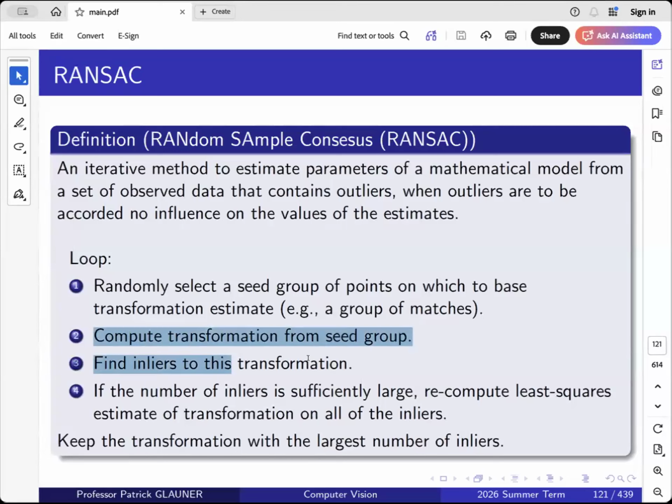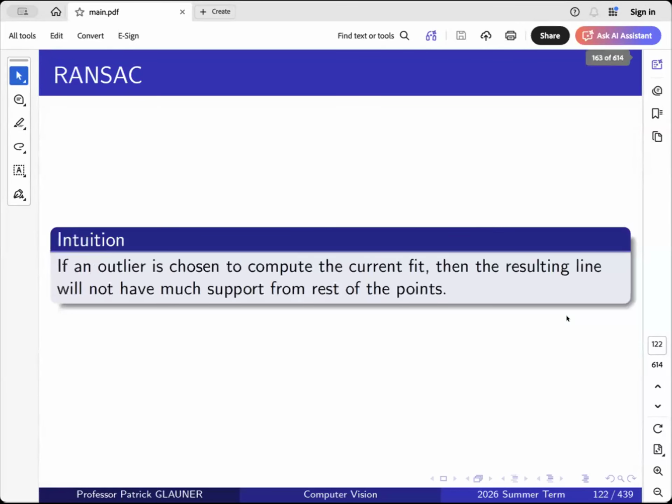Then we compute the transformation that we are looking for from that seed group. We find all the inliers from our data set that fit this transformation. If the number of inliers is sufficiently large, then we can recompute the estimate of the transformation on all the inliers. And we only keep the transformation with the largest number of inliers.